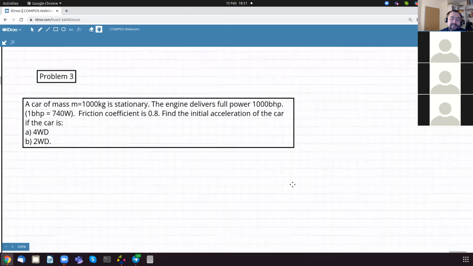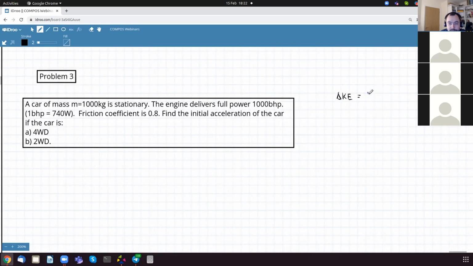Well, let's look at the problems. So we write down the work energy principle. The work energy principle is that the change in kinetic energy is equal to the work done.